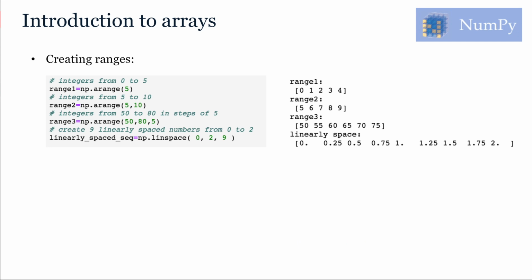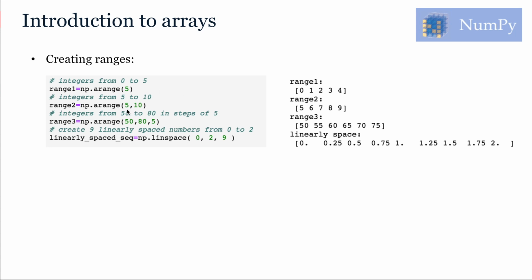It's also possible to use NumPy to create number ranges, which you can then pass to a for loop statement. A range creates a list of incrementing numbers. So if you supply one value, it will create a list that runs from 0 to that number minus 1, such that when you pass this to a for loop, it's going to loop over 5 iterations.